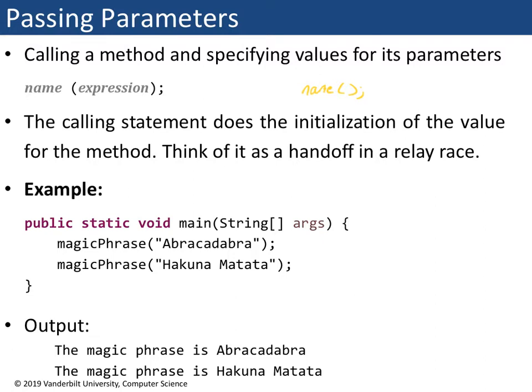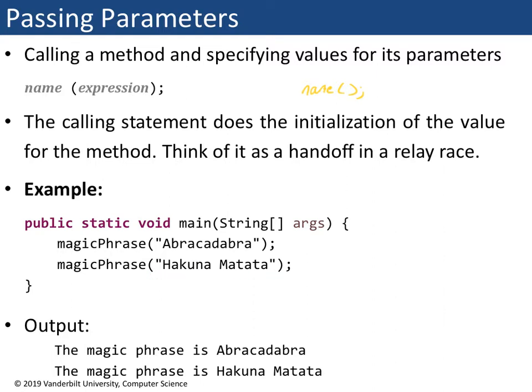So we jumped into the magicPhrase method, then we executed all the statements in the magicPhrase method, then we're going to jump back to the calling location in the main. Then we're going to execute the next statement, and so our program pointer is going to again jump into magicPhrase, but this time magicPhrase has been passed the string "Hakuna Matata" as the parameter phrase.